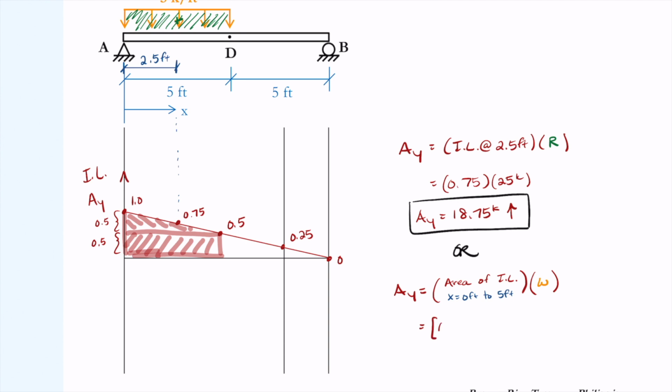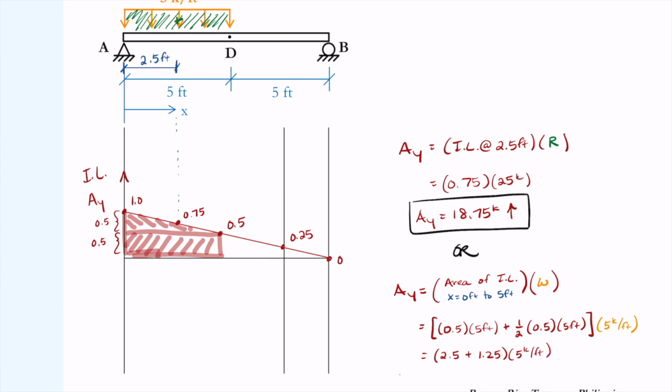Taking the areas, for the rectangle we have 0.5 times 5 feet, and for the triangle we have 1/2 times 0.5 times 5 feet, the 1/2 coming from the area formula for the triangle. We multiply that all by the distributed load of 5 kips per foot. Running the numbers, 0.5 times 5 is 2.5, and 1/2 times 0.5 times 5 gives us 1.25.